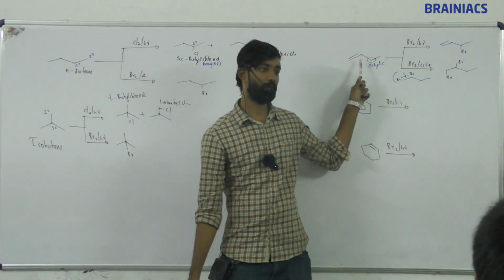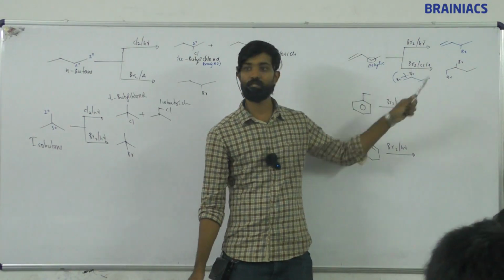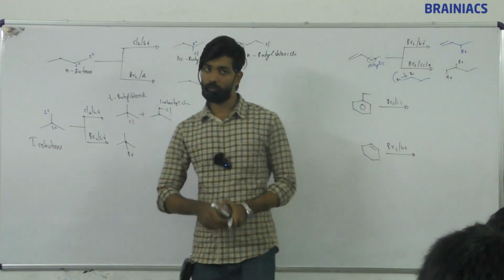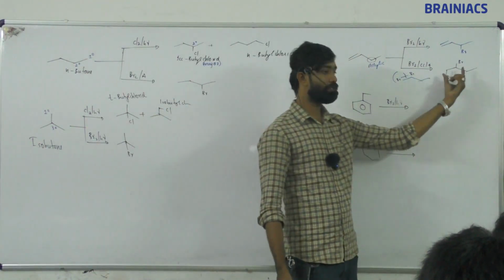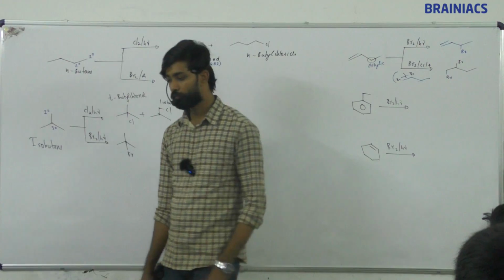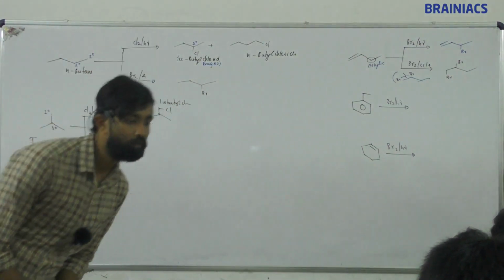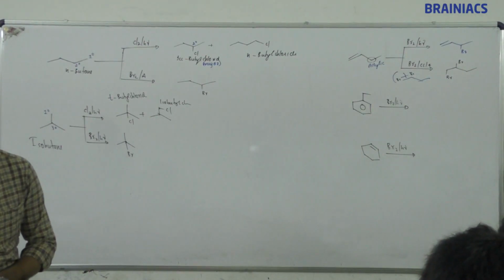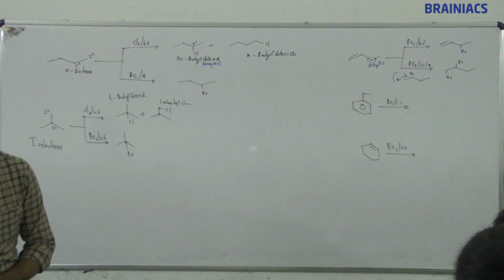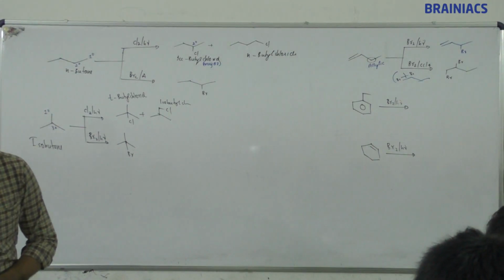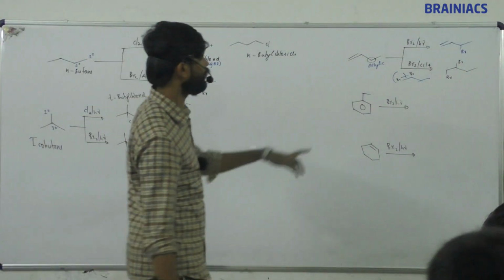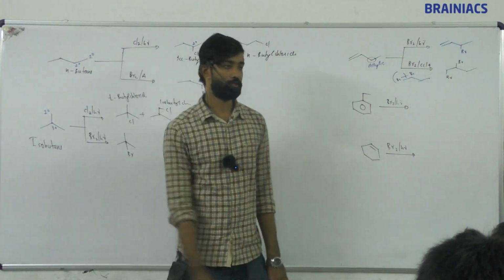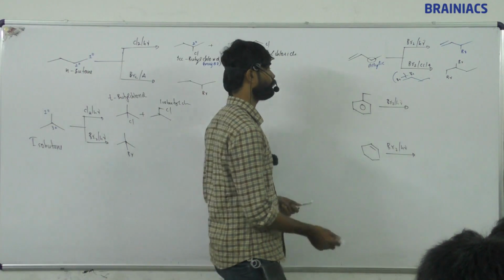Since this molecule has a double bond, if bromine in CCl4 is added, there is a chance for electrophilic addition, anti addition. Across the double bond, two bromines are added. So you have to know the reagent. Bromine with sunlight is a substitution. Bromine in CCl4 is addition, only if unsaturation is there, not in a saturated compound.